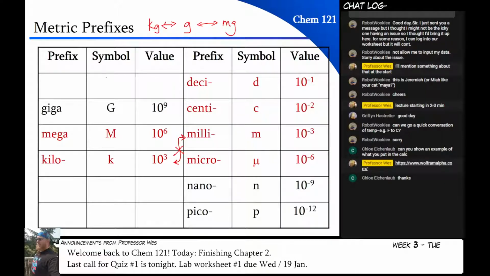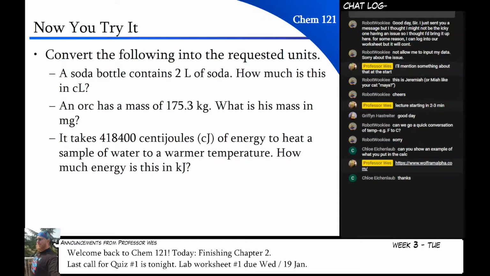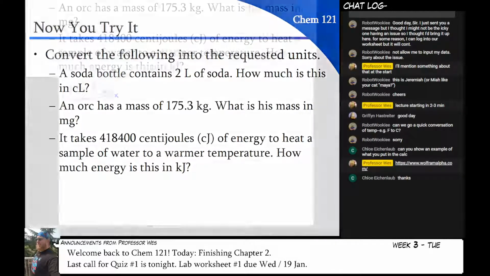So what I really need to do is turn kilograms into grams and then grams into milligrams. This would take 2 steps and 2 calculations. So that's what we're going to do in our sample problem here.